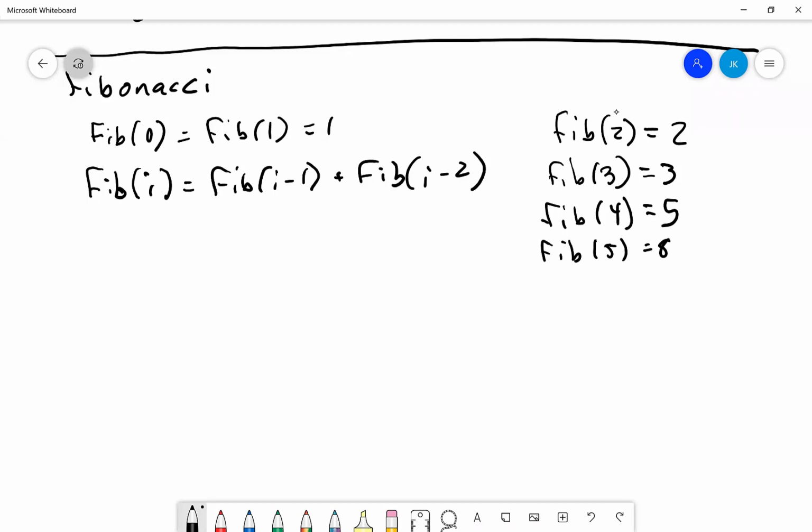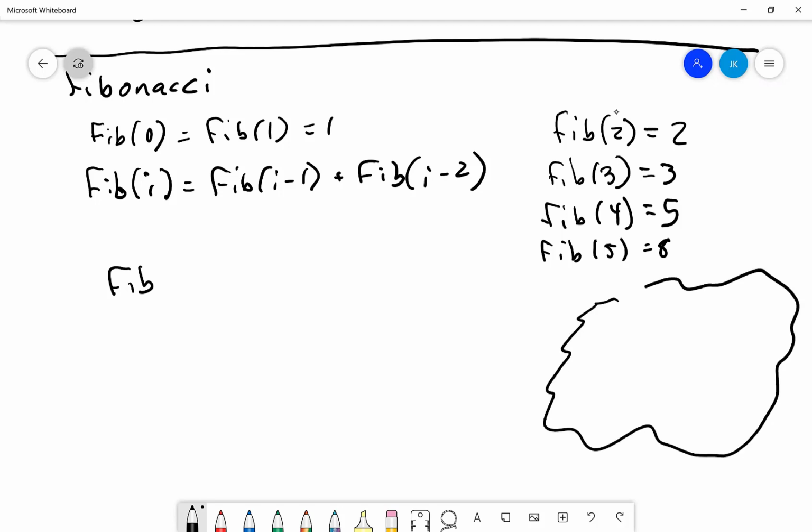Now, if I were going to do this with a top-down method, I would write a recursive function fib, and every time I compute something that's new, I remember it. So I have my little cloud of memory things out here, and I know at the beginning that fib of 0 is 1, and fib of 1 is 1.